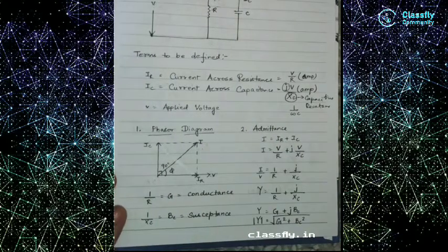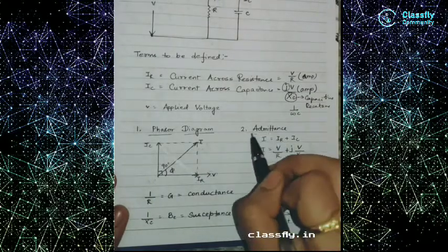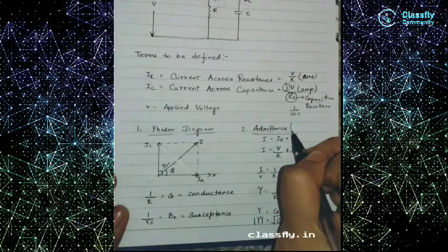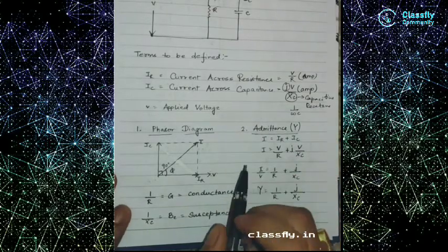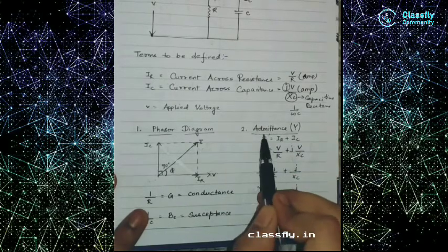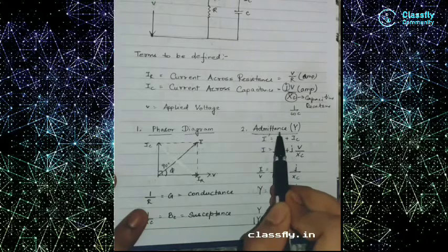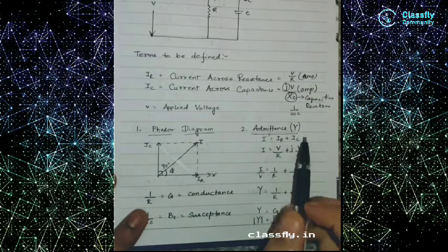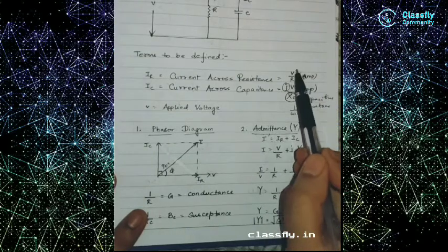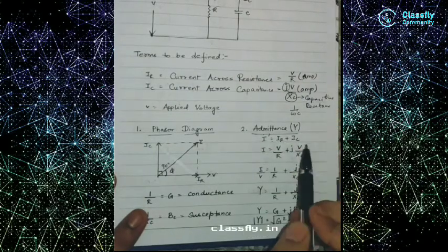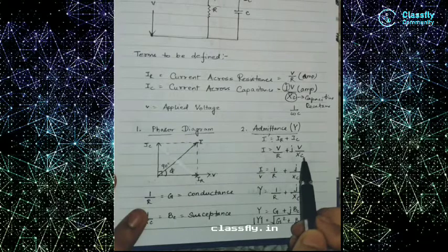The second parameter which we need to do is the admittance, and we represent admittance as Y. For the admittance, we will write the total current is equal to IR, the current across the resistance, plus the current across the capacitor, and we know that IR is V by R and IC is jV by XC.